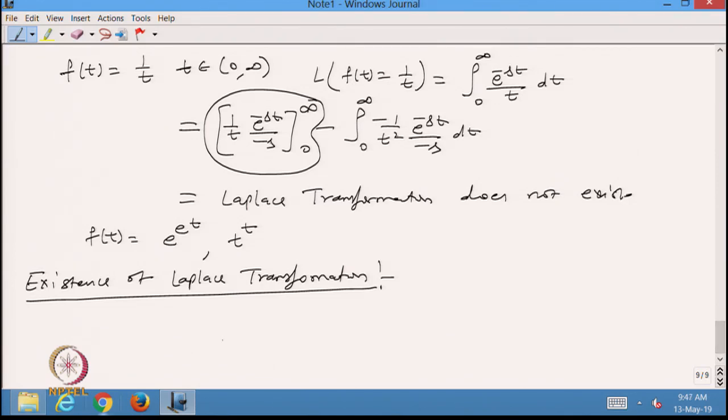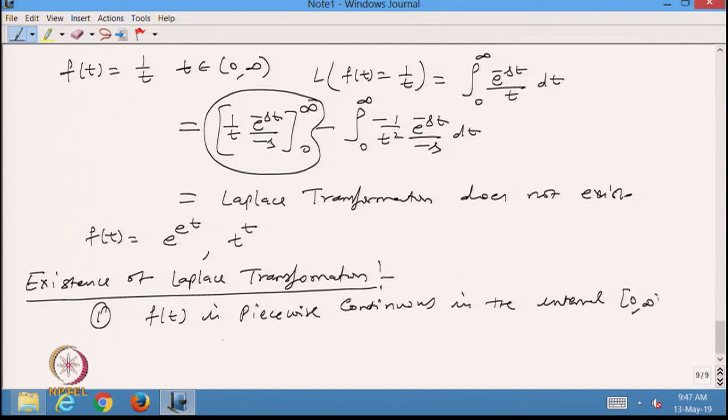The first term we want to define, which we already know in fact, is what we mean by a function f(t) being piecewise continuous in the interval 0 to infinity. So, what do we mean by piecewise continuous in the interval 0 to infinity?